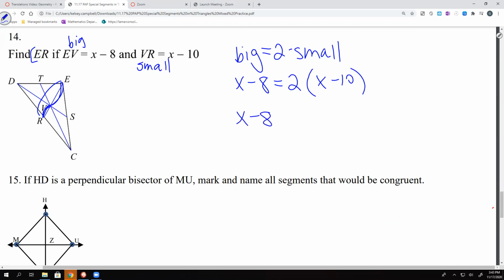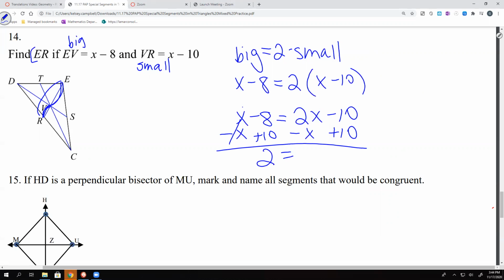So x minus 8 is 2x minus 20. Take away x from both sides. I'm going to add 10 as well. Negative 8 plus 10 is 2. 2x minus x is just x. So x is 2. And now to find ER, you could do a couple of options.